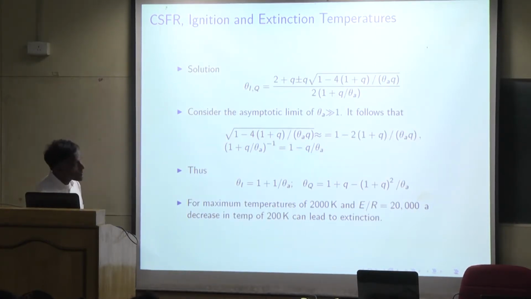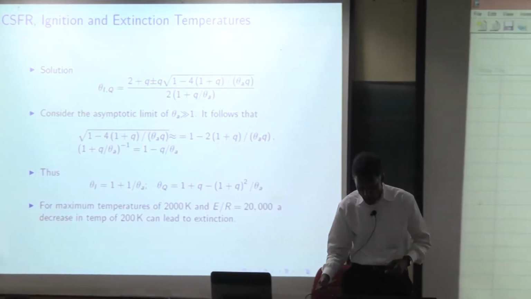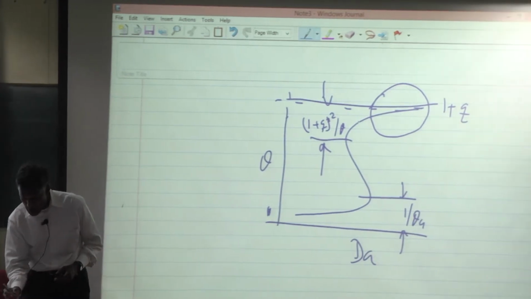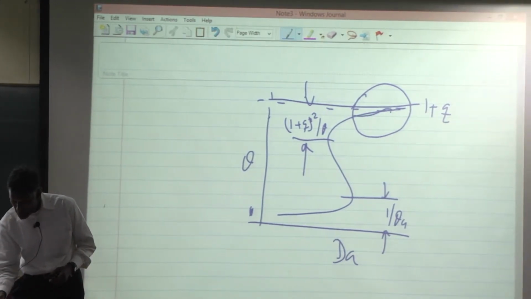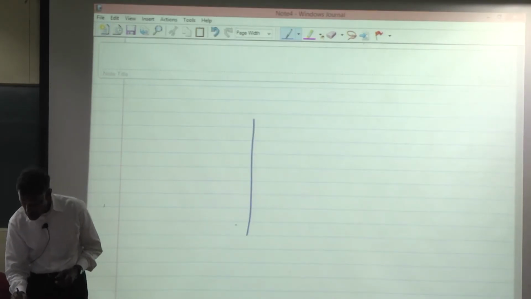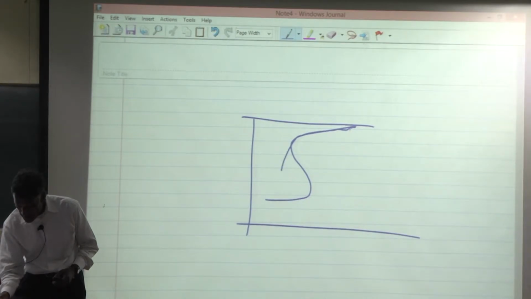Now what I want to do is analyze the behavior and what happens. I want to demonstrate when the curve will do this. Now I'm going to look particularly at this point here, and look at this curve and ask the question, when will this do this and when will it do that?